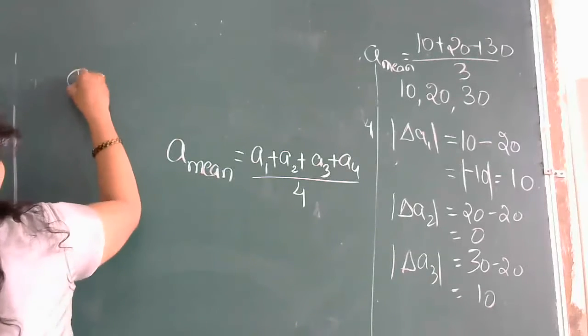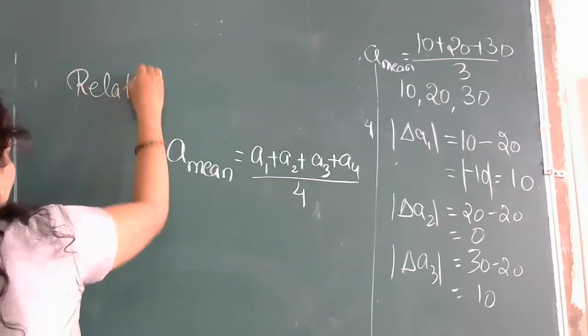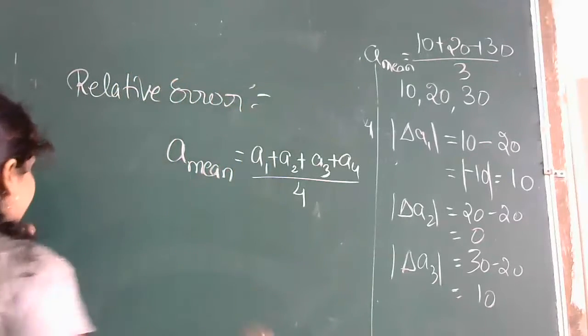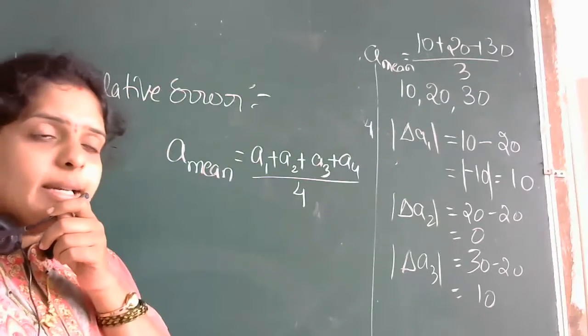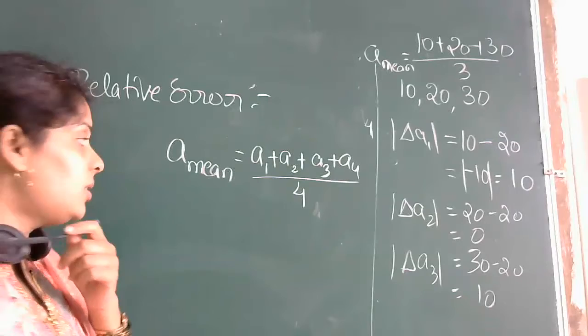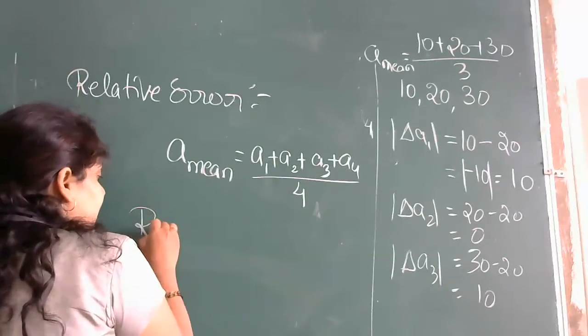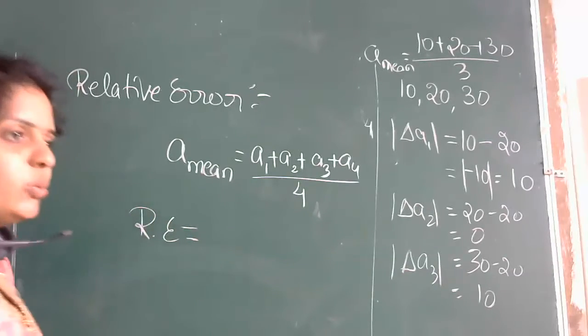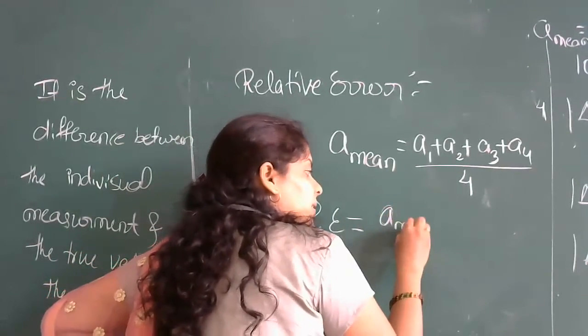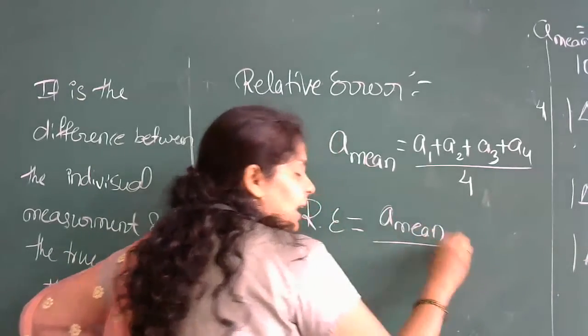Relative error. Next point is relative error. This relative error is the ratio of what? Relative error is equal to A mean divided by modulus of delta A mean.